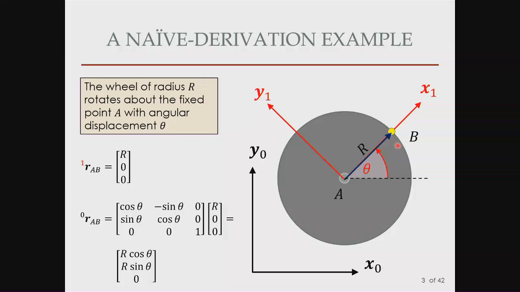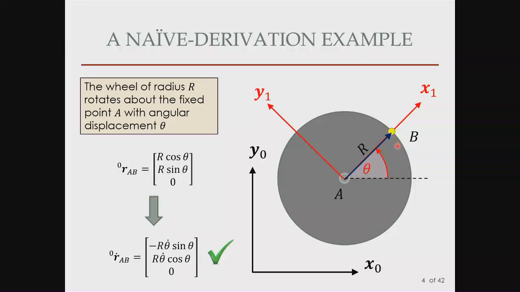So let me just show the slides for what I've been talking about. So this is fine. This is correct. This is what I call term by term, or component by component, derivative. If you do it in a stationary or fixed frame, this is fine.